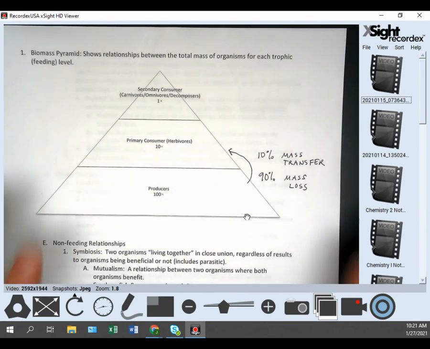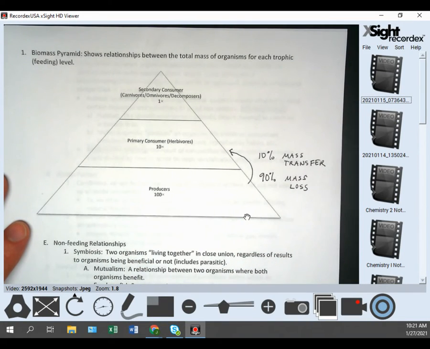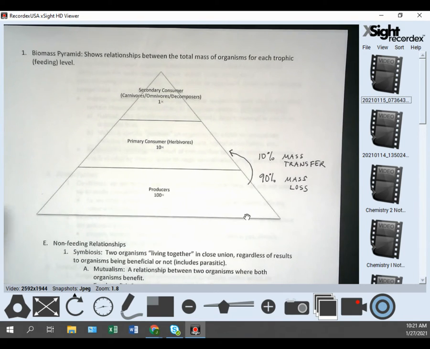Now, this is a very simplified concept. There's actually a lot more that goes into it, but in general. So if you're consuming a 5 pound chicken, why wouldn't you gain 5 pounds? Any ideas?